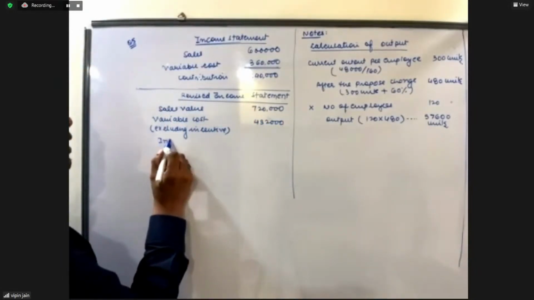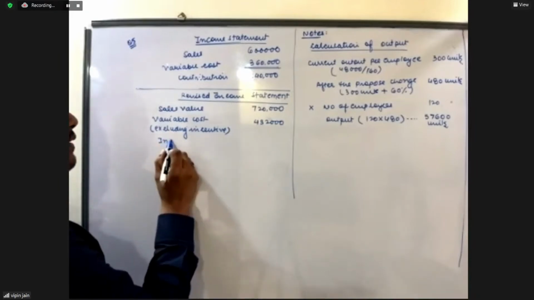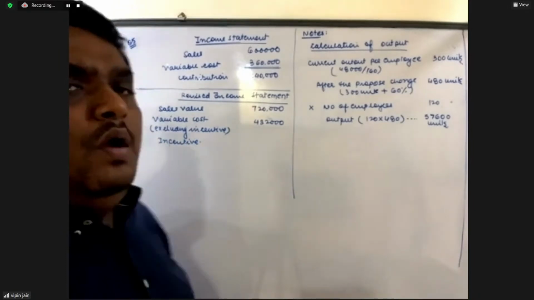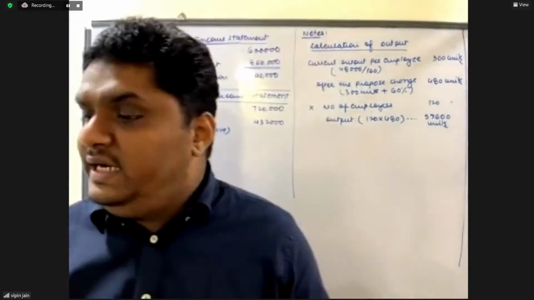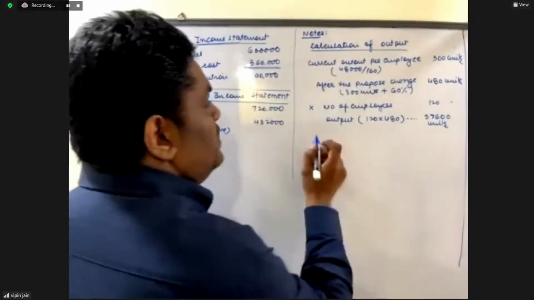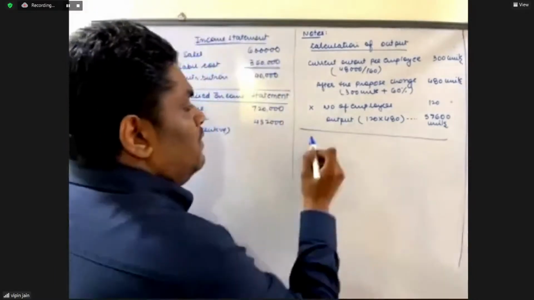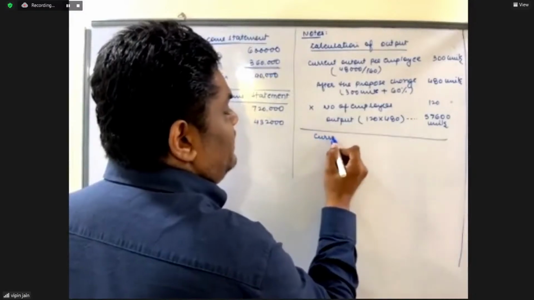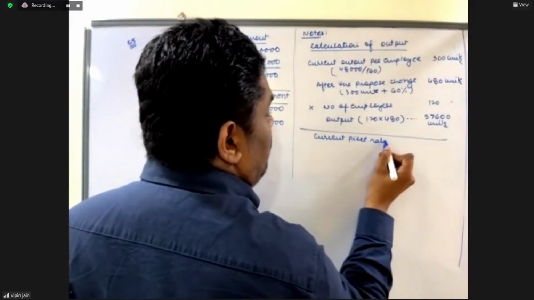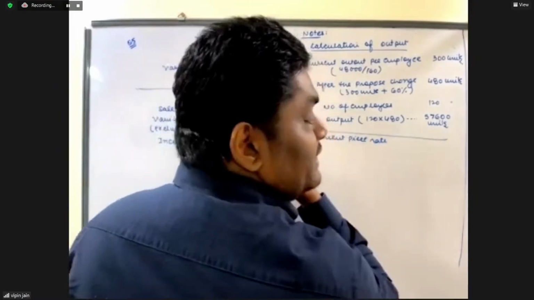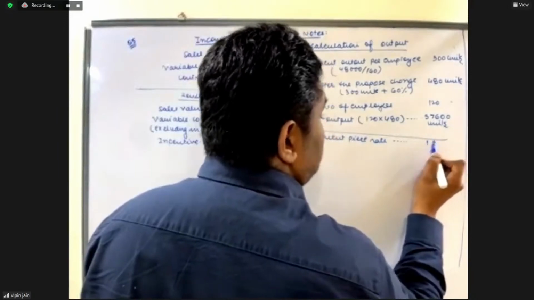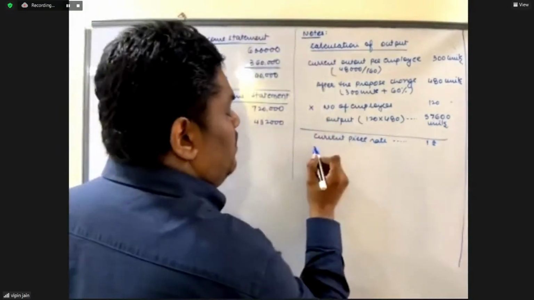Further, when talking about incentive, they are giving an incentive of 30%. The current piece rate is 1 rupee.